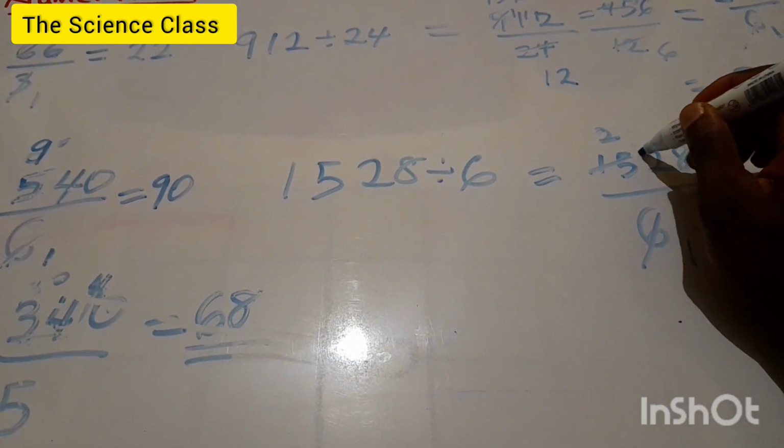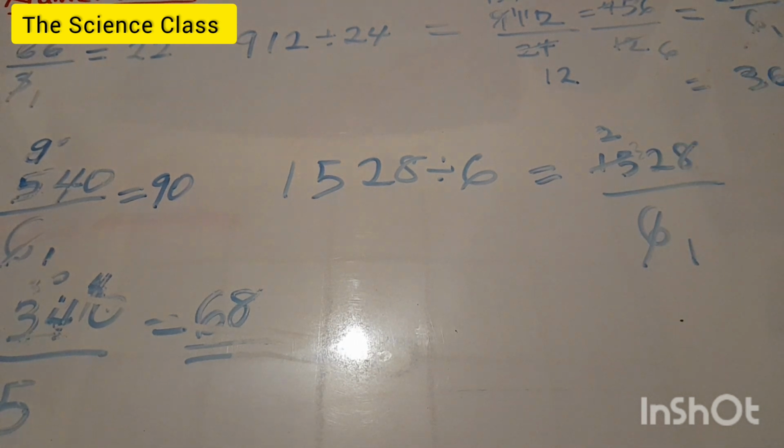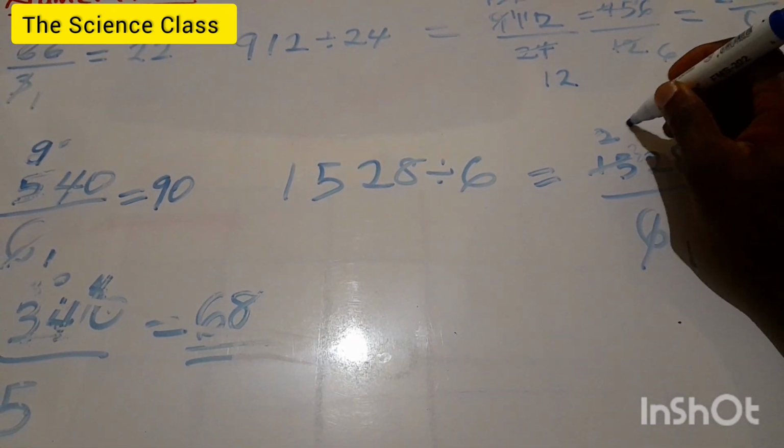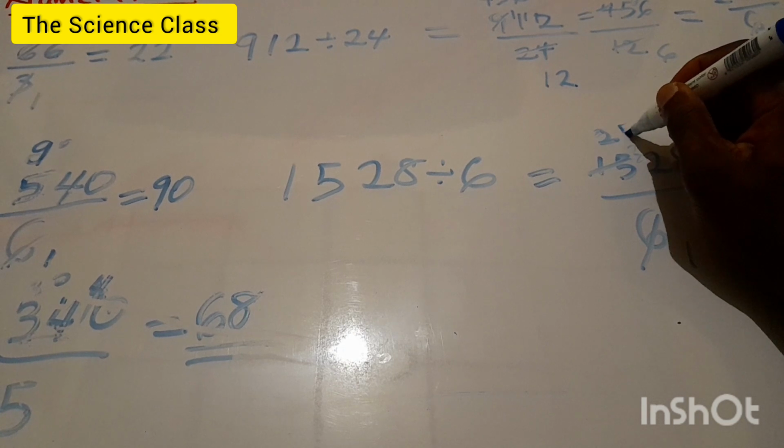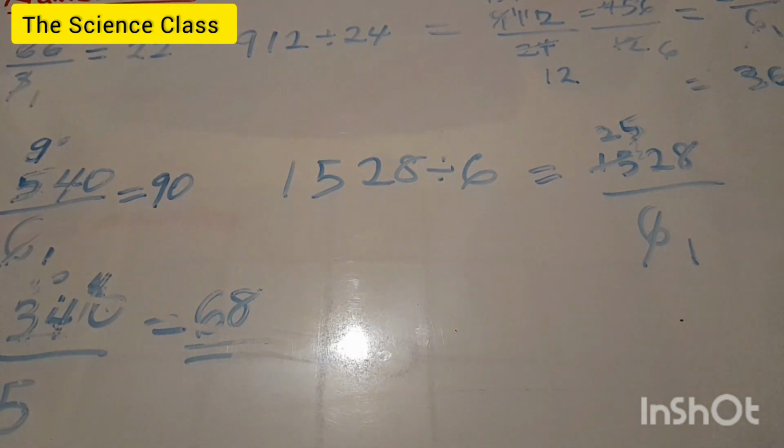You put the 3 here in front of this 2, now making 32. 6 in 32, that's 6 times. No, that's 5 times. Sorry, 5 times. It goes 5 times, because 6 times 5 is 30. 32 minus 30 gives us 2.